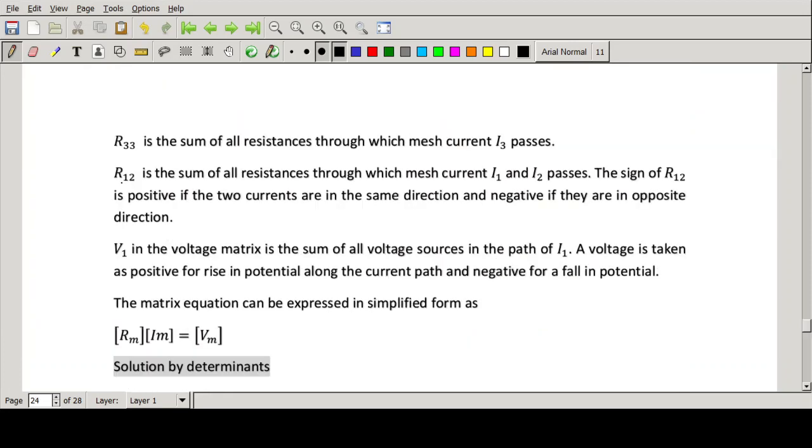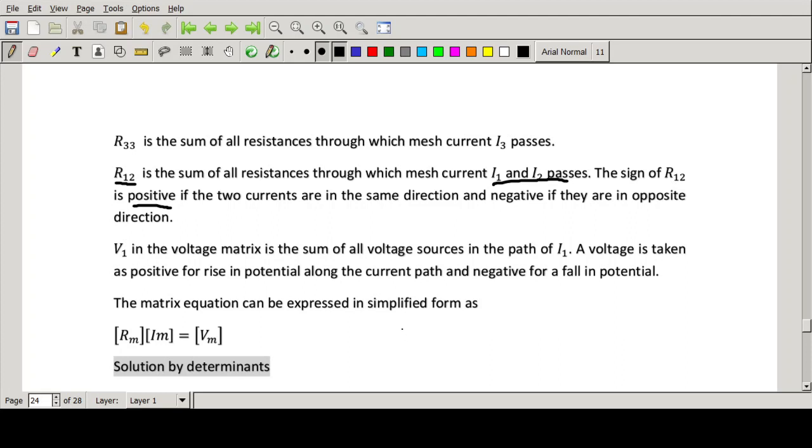Then R12, as I told you, is the sum of the resistances through which currents 1 and 2 pass, and if they are in the same direction, the sign of that resistance will be taken as positive. If through the resistance, currents I1 and I2 are flowing in opposite directions, then you will write the sign of R12 as negative. What about the voltage? As I told, a voltage will be taken as positive for a rise in potential along the current path.